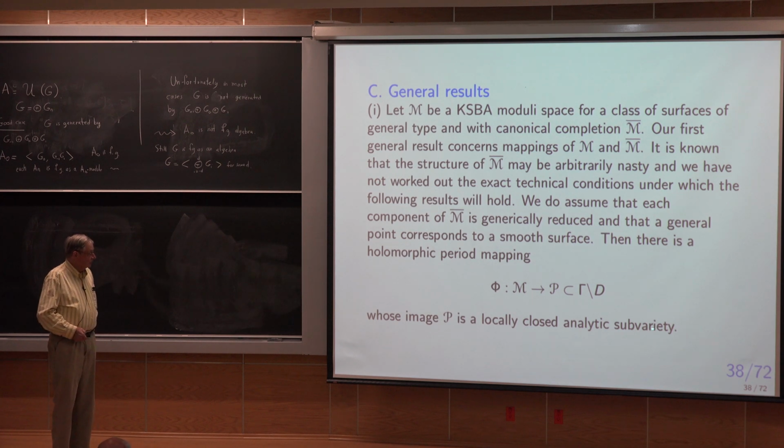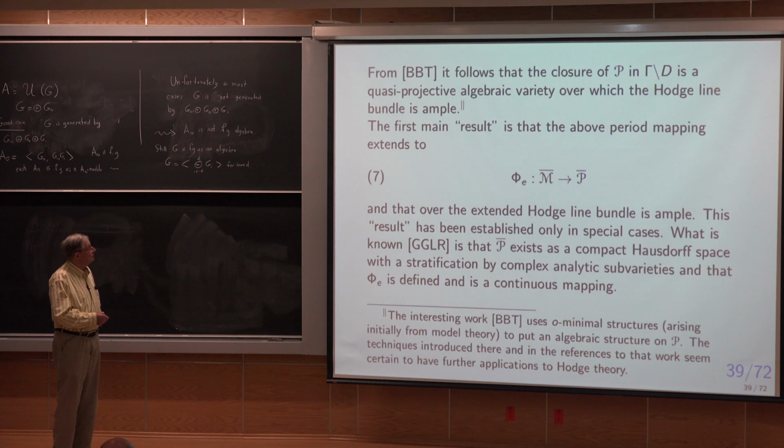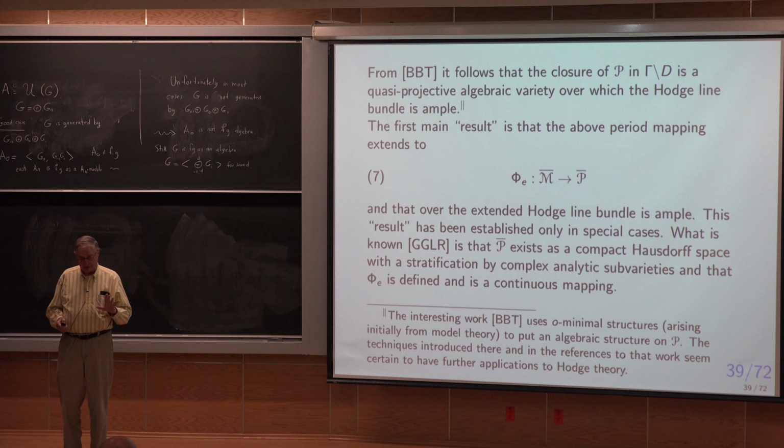So it was known that this is a locally closed analytic variety, and it was just recently proved by Bakker, Brunebarbe, and Tsimerman that it has an algebraic structure. It's a very interesting argument. It uses model theory from logic.